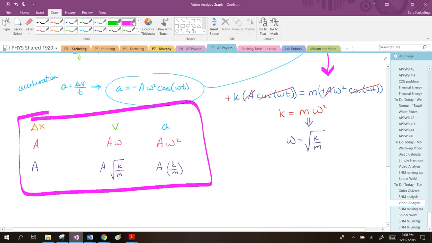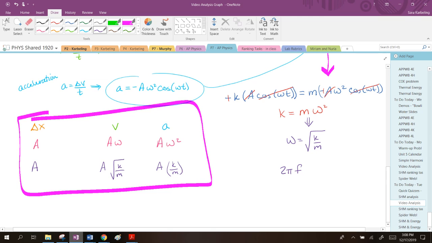And we're going to do one more thing. I want to make sure that we know the relationship between omega and the thing that we actually know, and that's frequency. Omega is related to the frequency that we know and love because omega is equal to 2 pi times our frequency, the one that we know and love. We'll talk about why that's true in a few days. So period's like the reciprocal, right?